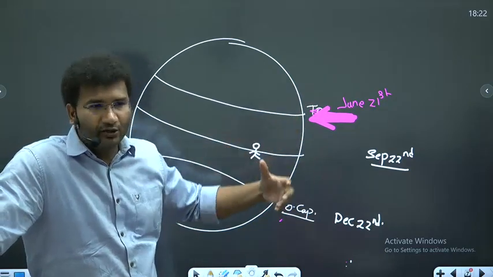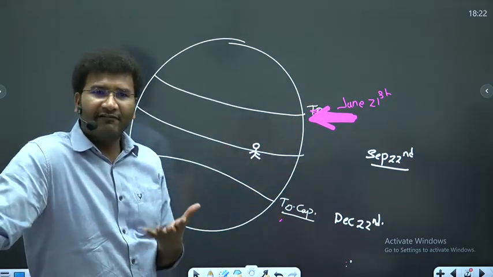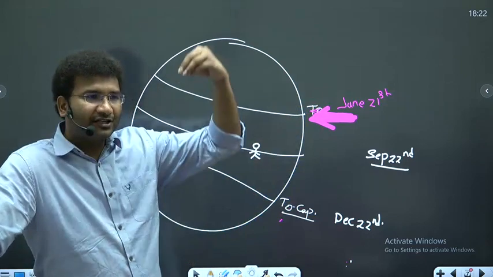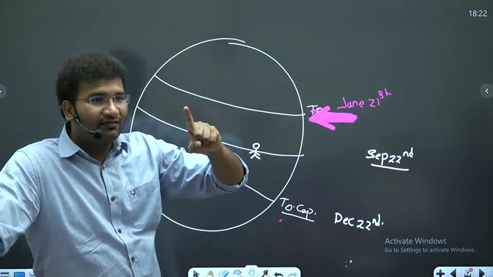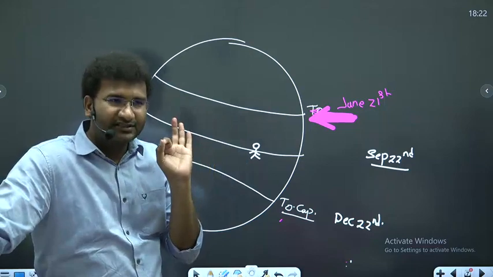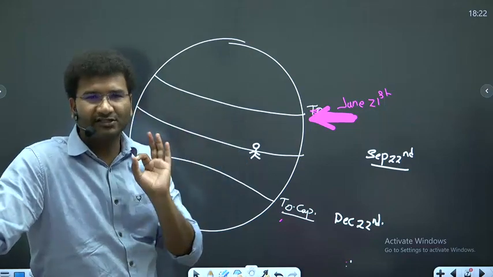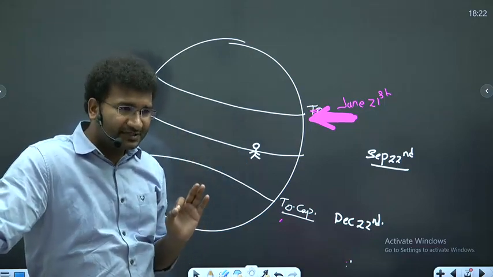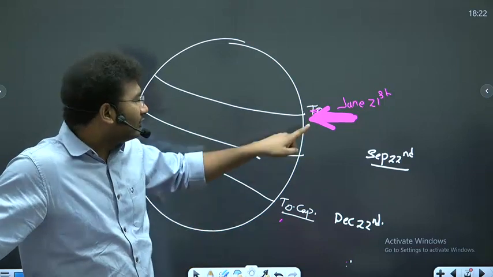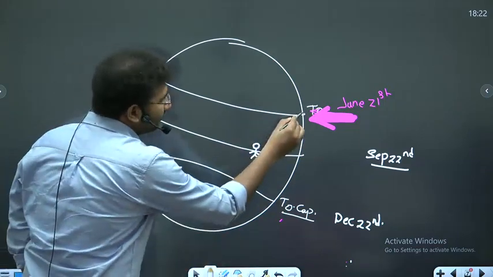And when you open the globe, wherever you have intense heat, the evaporation will be more, and there you will have low pressure. Remember, where there is more heat, there is low pressure. Okay? The most low pressure areas are found on this latitude.